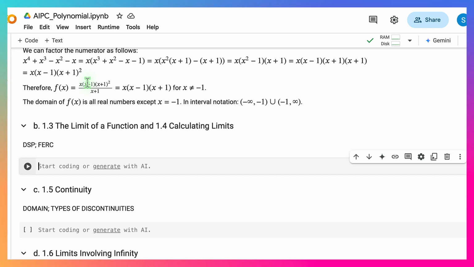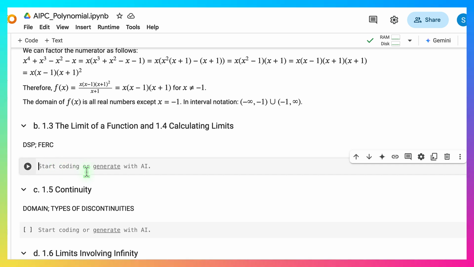The one place where it's actually going to be interesting to identify the limit is where we have a break in the domain, at -1. Now we already know using the DSP what's going to happen, because x plus 1 is removed when you cancel the x plus 1. And so we're going to have a removable discontinuity, which means we'll end up with 0 over 0, but that 0 over 0 will probably end up being a real number when we evaluate.